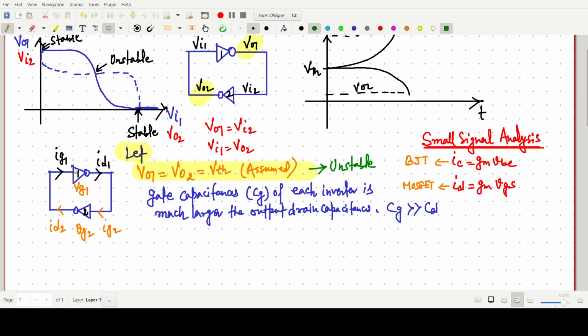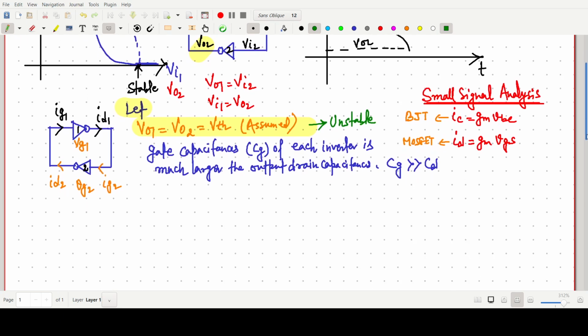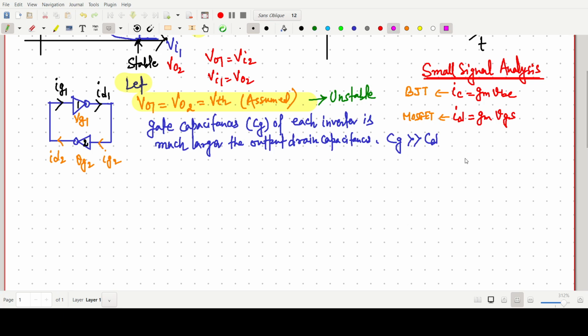Basically, this is somehow an inverter kind of thing. Before the analysis, I want to give a brief note. In the last video I also made this diagram: one inverter and the same inverter, two inverter circuits. I am making them.